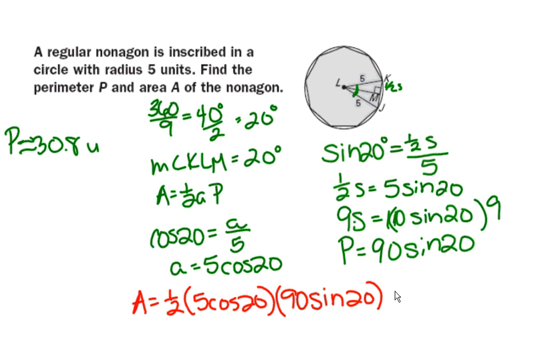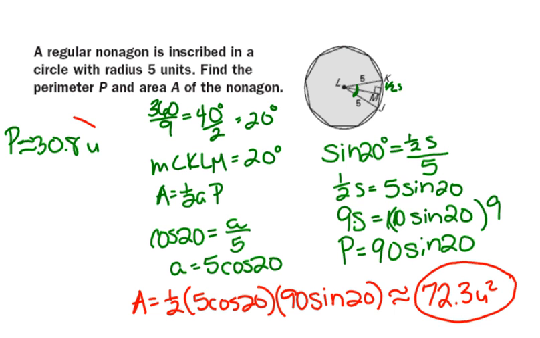So my area is approximately 72.3 units squared, and that's my final answer for that one, and this was my final answer for my perimeter. Please make sure you understand why I plugged this in rather than rounding.